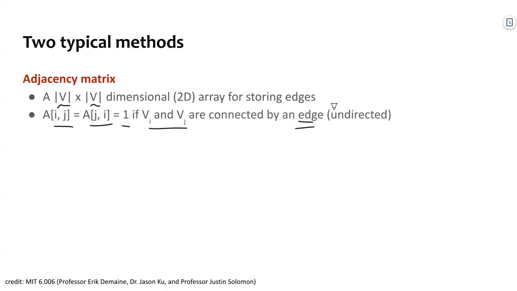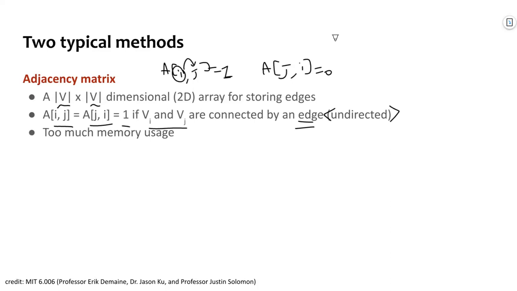So in this case, it is undirected. For directed graphs, we can use different notations. So A[i][j] is going to be 1 if an edge goes from i to j. And then A[j][i] is going to be 0 in the case of directed graphs.